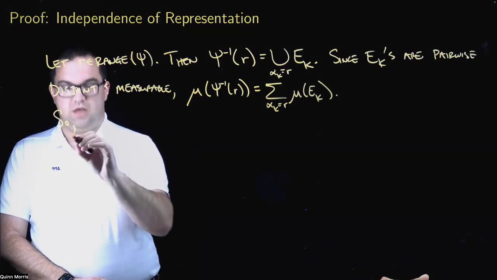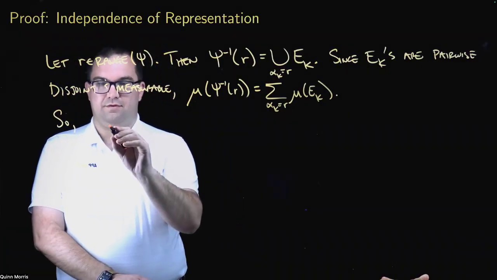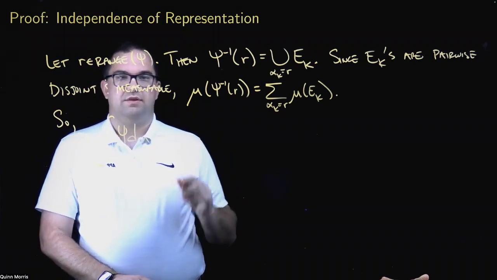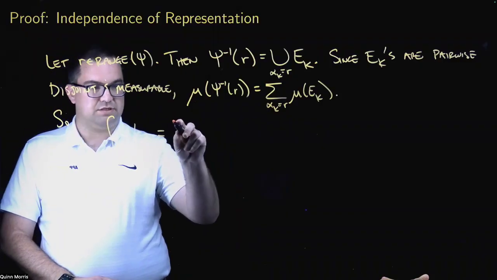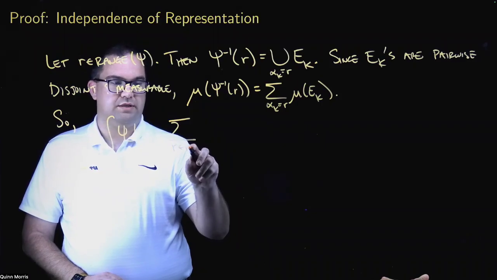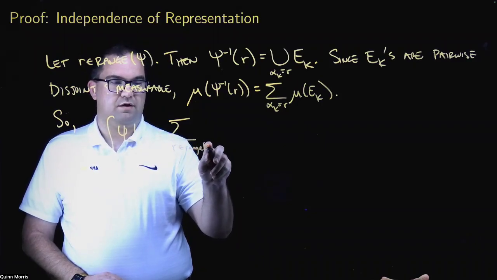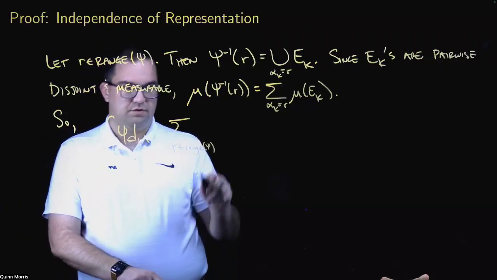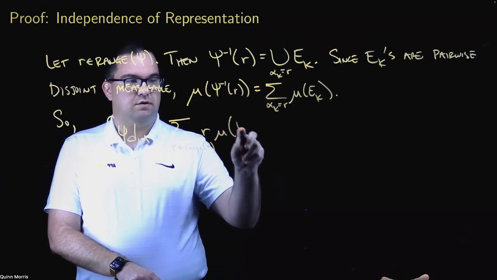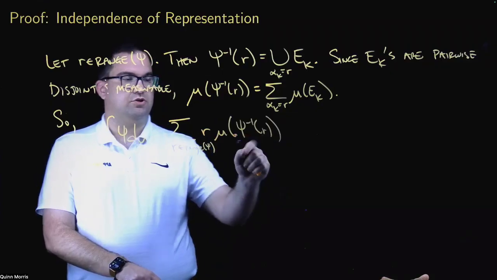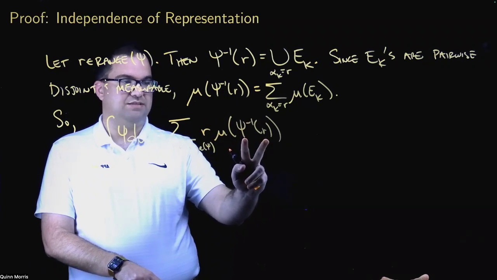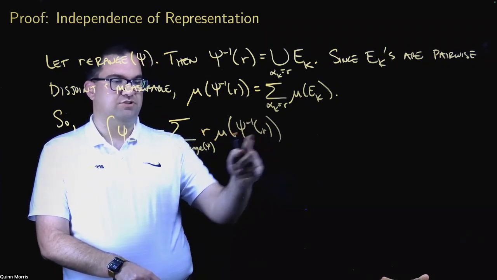So if I look then at the Lebesgue integral of psi, the definition is that I need to take the sum over all r in the range of psi of r times the measure of the preimage of r. This is using the canonical representation, that these sets are the preimage of the range values.